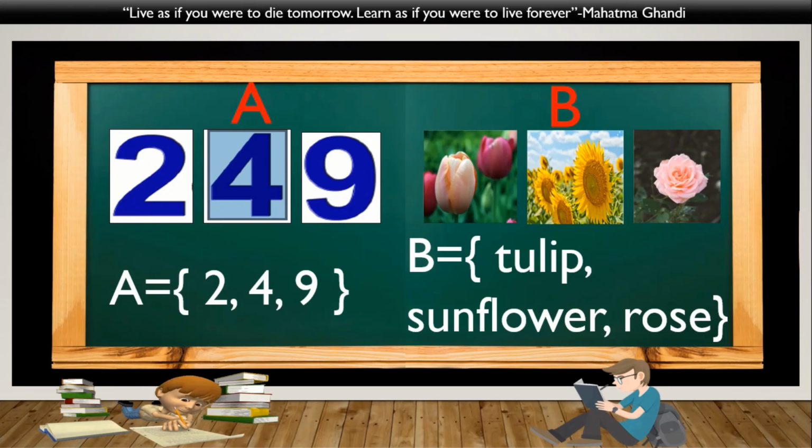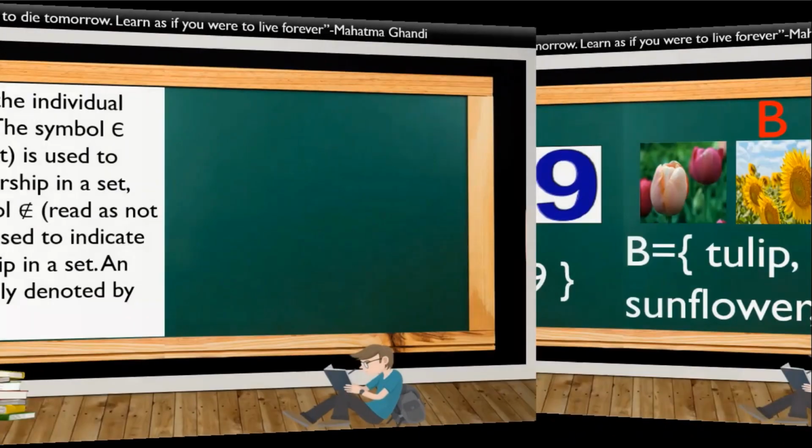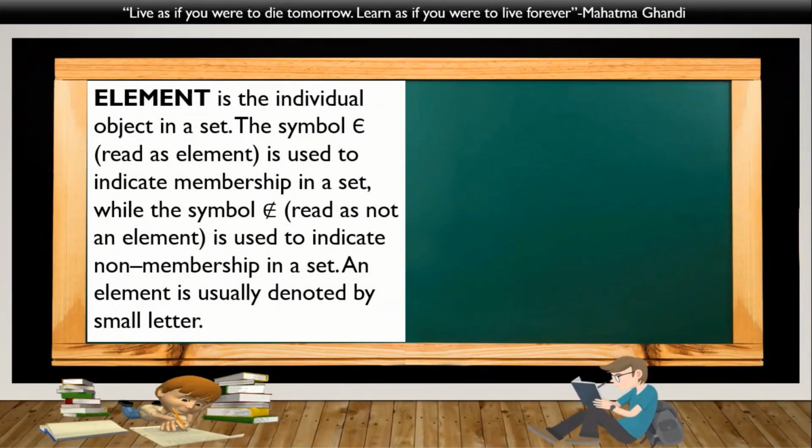So, in the previous lesson, we also know that the objects in a set are called elements. Let us further elaborate what is an element of a set. An element is the individual object in a set. The symbol that looks like letter E is used to indicate membership in a set.